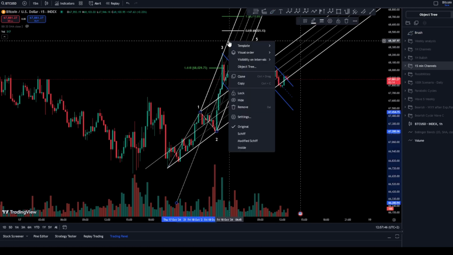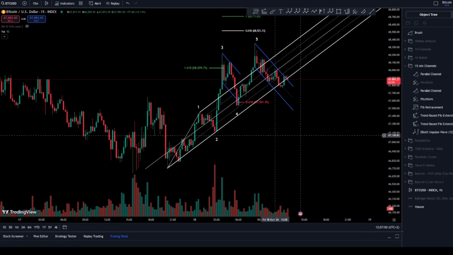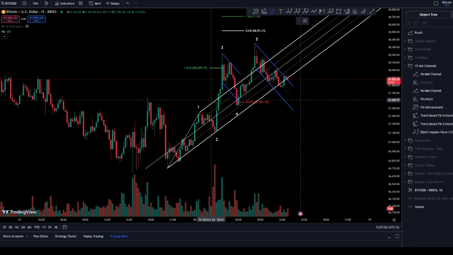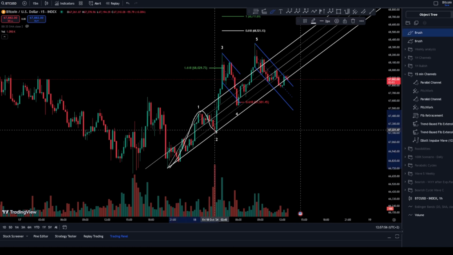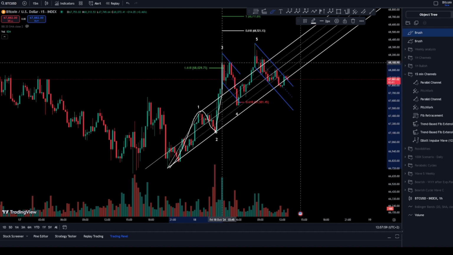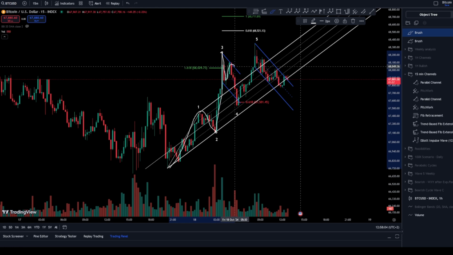Of course, let's make it easier to see, guys. Here we go. This is your base channel taken from your wave 1, and based on your wave 2 you can see your wave 3 has decisively gone out of this channel.